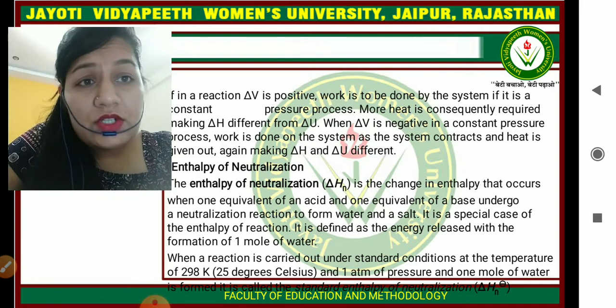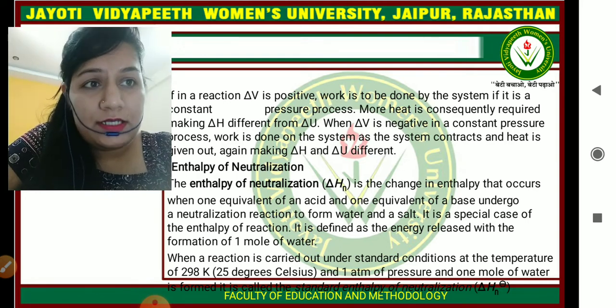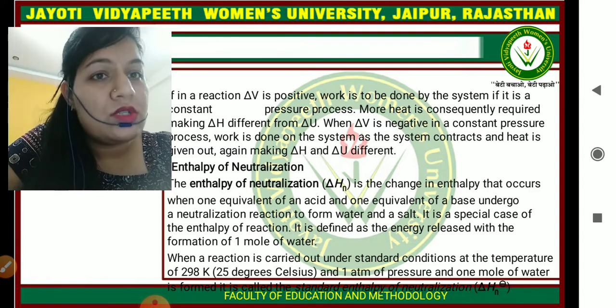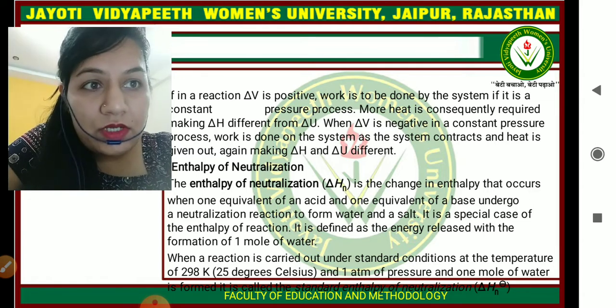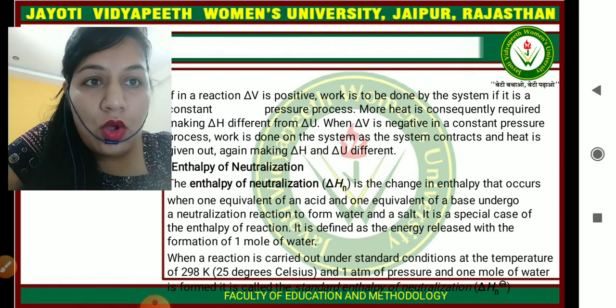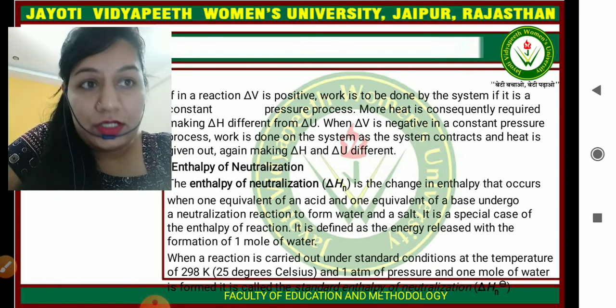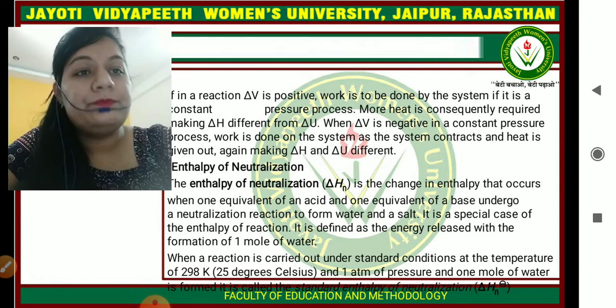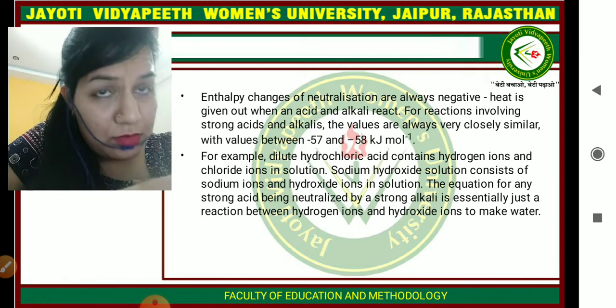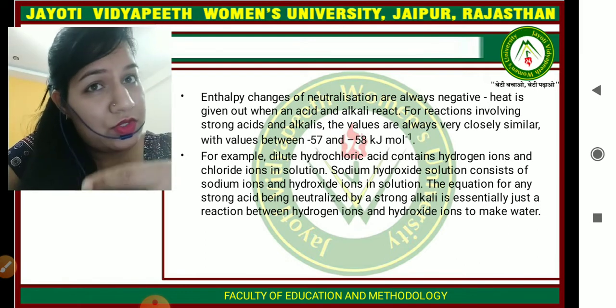When a reaction is carried out under standard conditions at a temperature of 298 Kelvin, which is 25 degrees Celsius, and 1 atmospheric pressure, and 1 mole of water is formed, it is called the standard enthalpy of neutralization. Simply, in an exothermic reaction some energy is released.